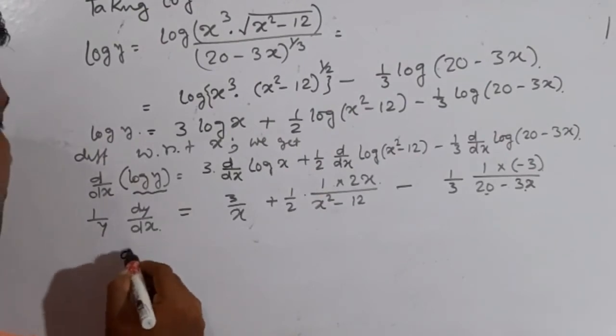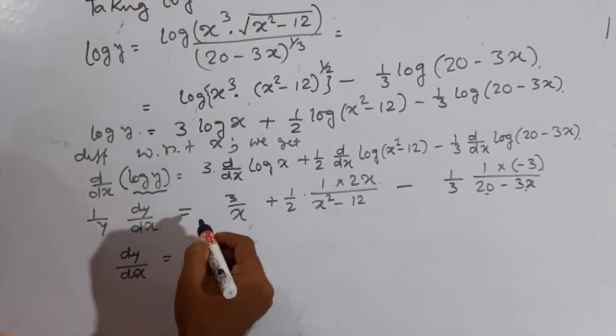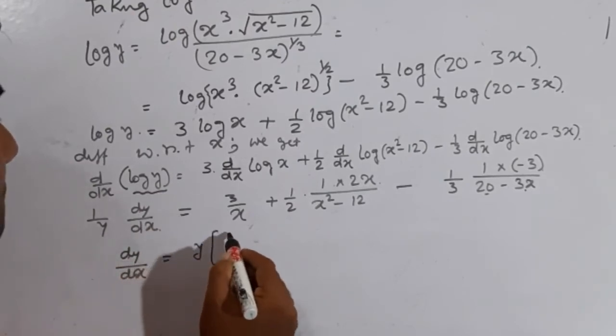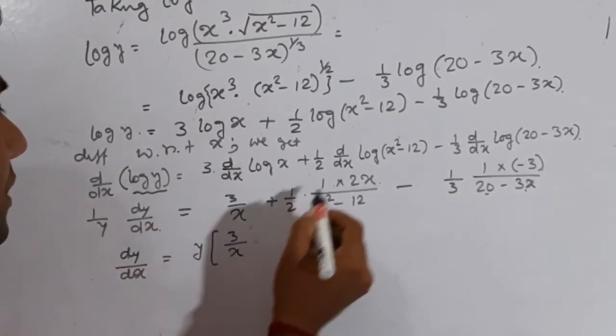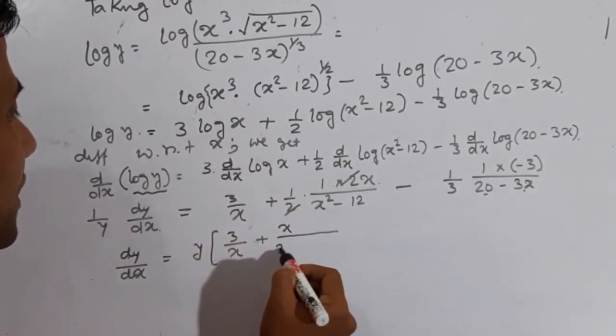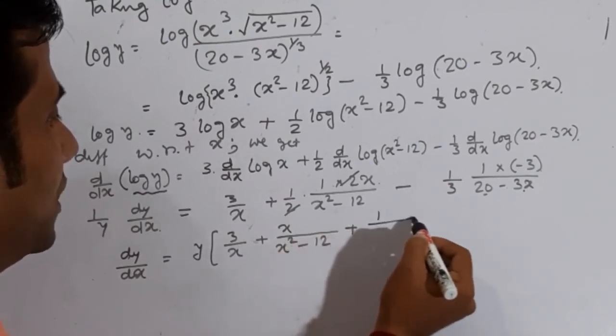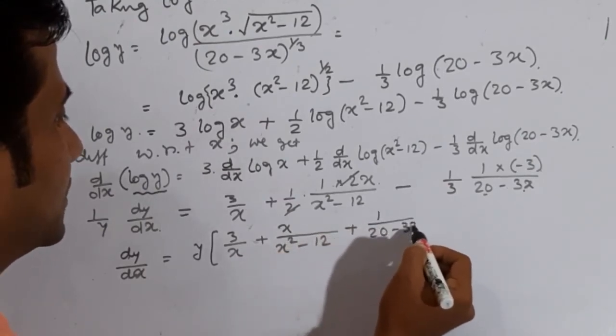or dy/dx is equal to y into 3 by x plus x by x square minus 12 plus 1 by 20 minus 3x.